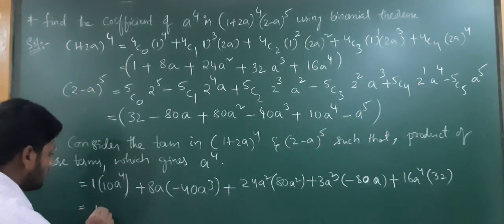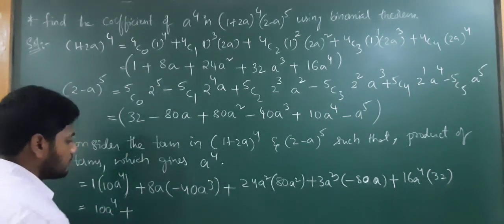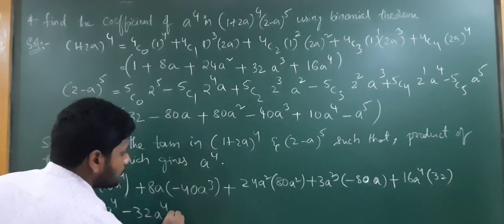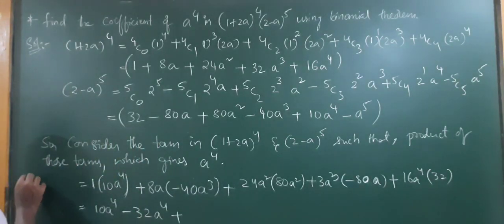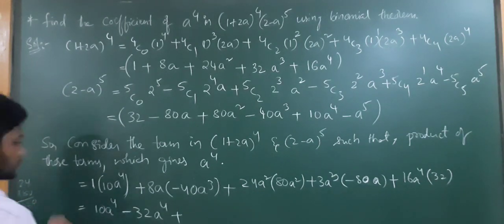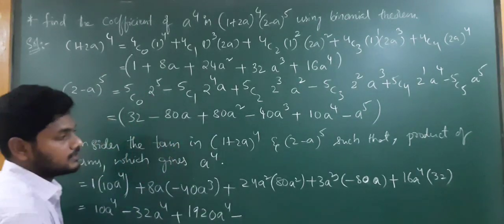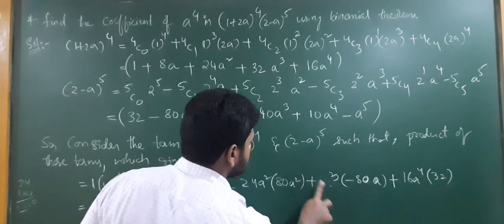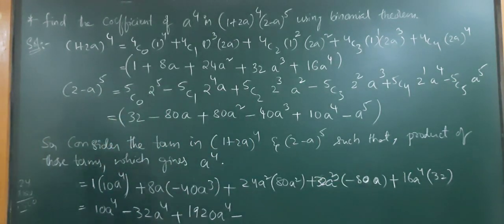So it will be 10a to the power of 4 plus 8 into 40, which gives minus 320a to the power of 4, plus 24 into 80. Simplify that, 24 into 80 gives 1920a to the power of 4, minus, see this is 32a cube into minus 80.